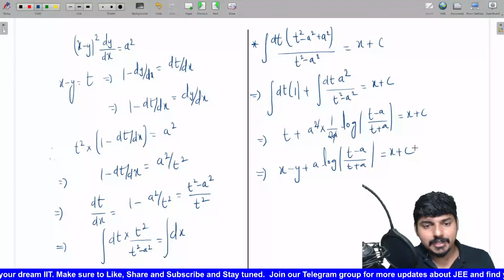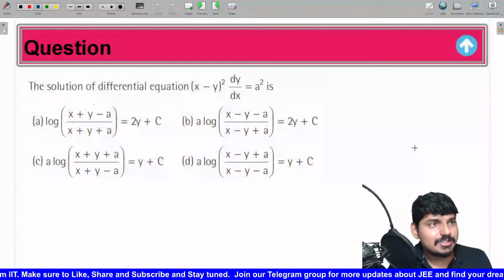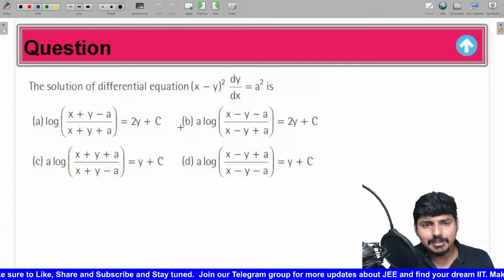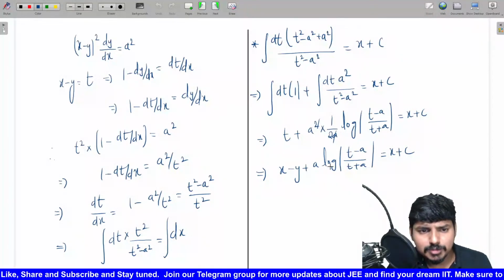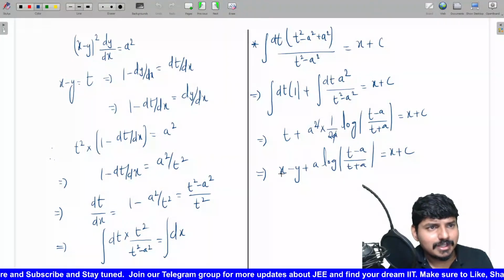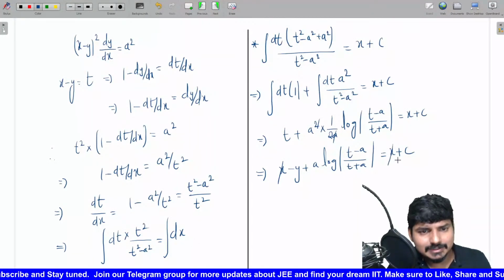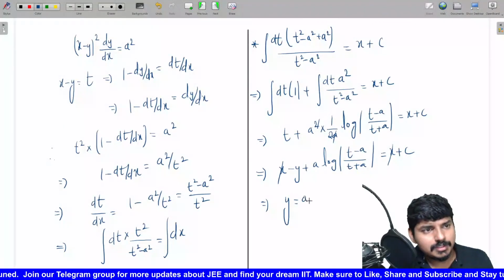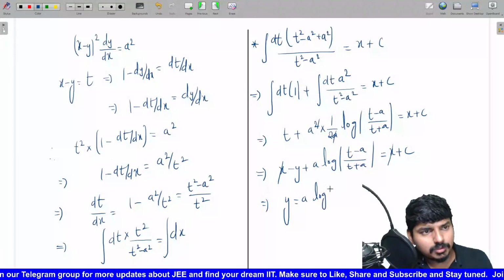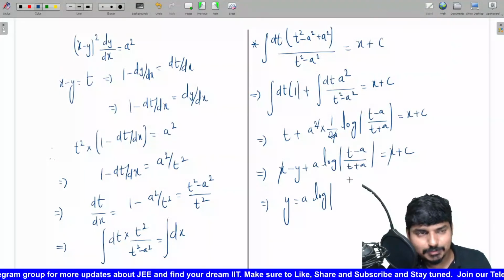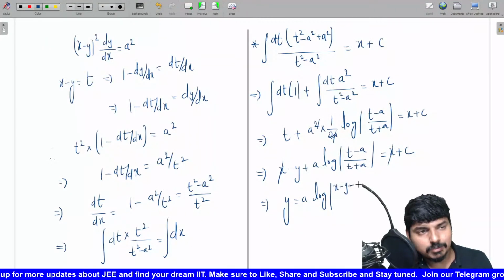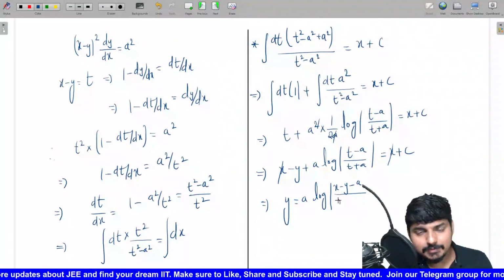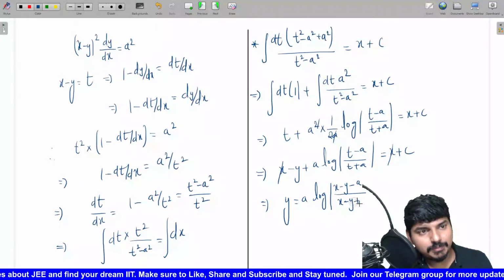Now, everyone try to understand. Another condition is given? No, I think no condition is given. Let me just simplify and see what solution I'm going to get. I can say x and x are getting cancelled here. So I can write y is equal to a into log of, in place of t, you can take x minus y, so (x minus y minus a) divided by (x minus y plus a).